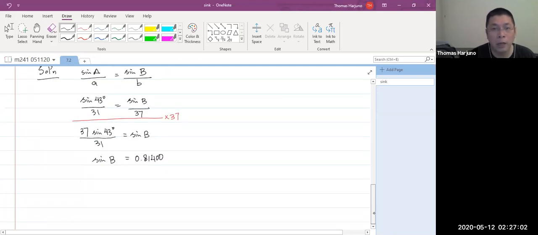Now the angle B, the first possible angle, will be the sine inverse of that number. I get 54.48841 degrees.